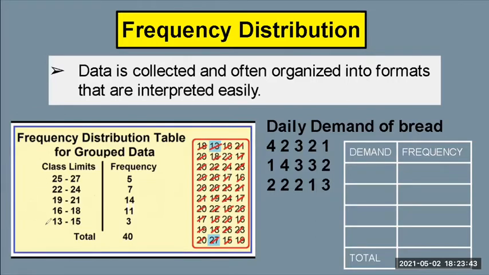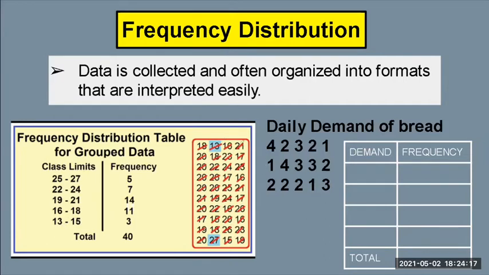As you can see, they are being grouped by class limits and then frequency. In the class limits, these numbers are tabulated from 13 to 15, from 16 to 18, from 19 to 21, from 22 to 24, 25 to 27. So you are going to count the numbers 13, 14, and 15.